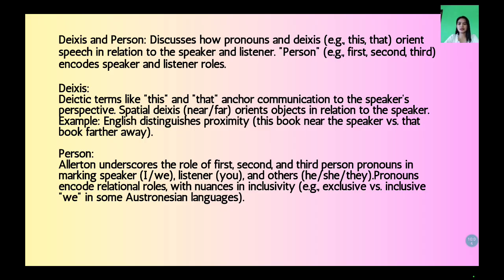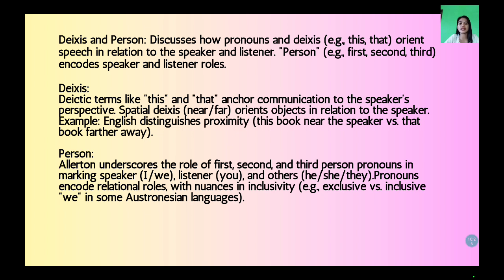Next is deixis and person. This discusses how pronouns and deixis, for example this and that, orient speech in relation to the speaker and listener. Person, for example first person, second person, third person, encodes speakers' and listeners' roles.